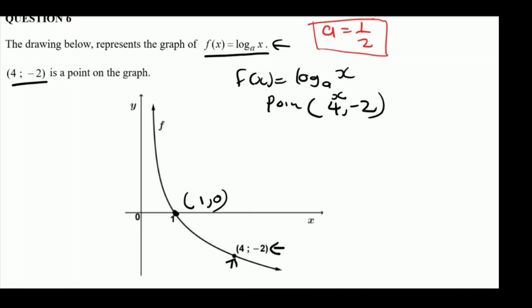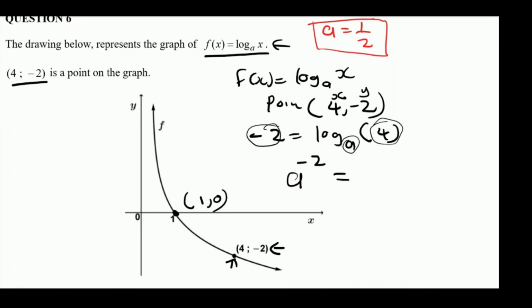So where there's x, you're going to put 4, where there's y, you're going to put -2. So it's going to be -2 = log base a of 4, and then this base here will be equal to a to the power of this -2, so it's going to be a^(-2) = 4.